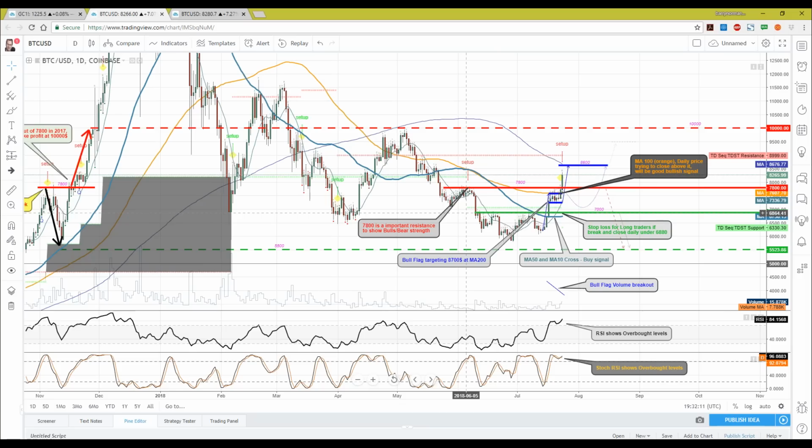But if you look at the indicators on the bottom, what do we see? RSI shows overbought levels, and stochastic RSI shows overbought levels. It tells you the market's really overbought, but because you're using 2 indicators that tell you the same thing, you're just wasting your time. Don't need the 2. They're going to tell you the same thing.